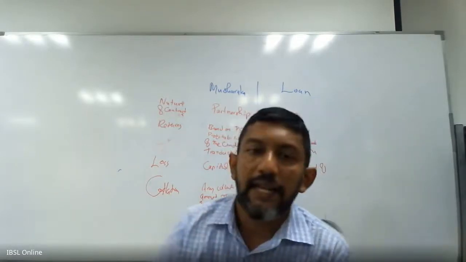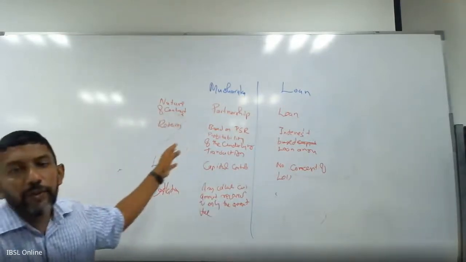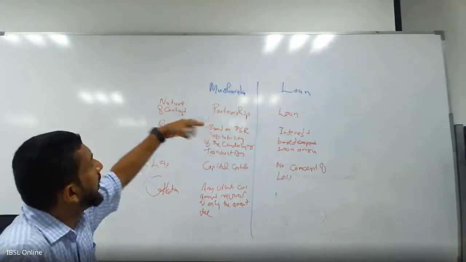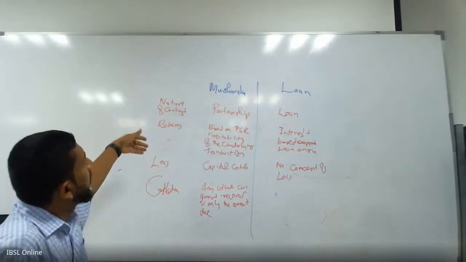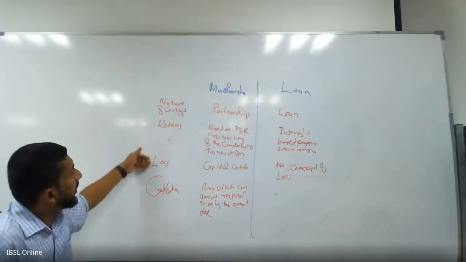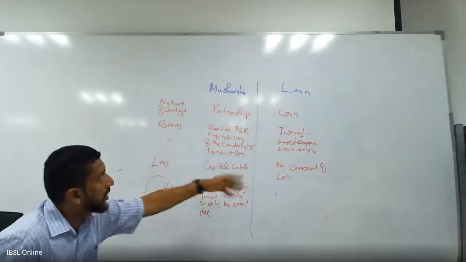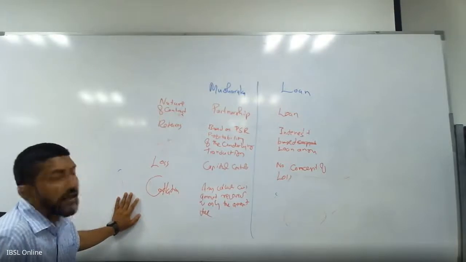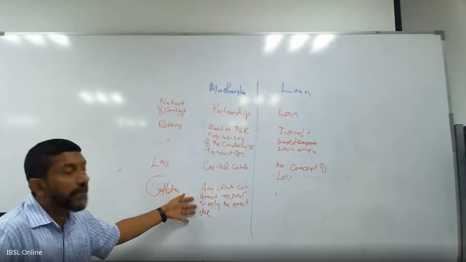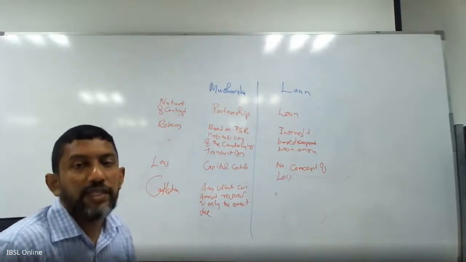So based on the nature of what we have discussed so far, we can write a few differences. So we can compare Musharaka and a conventional loan based on different features: the nature of underlying contract, how the returns are determined, the concept of loss, whether it's available and how it is done, whether it's not available, in terms of collateral, whether we can accept collateral, and if we accept the collateral, what is the amount we can charge.